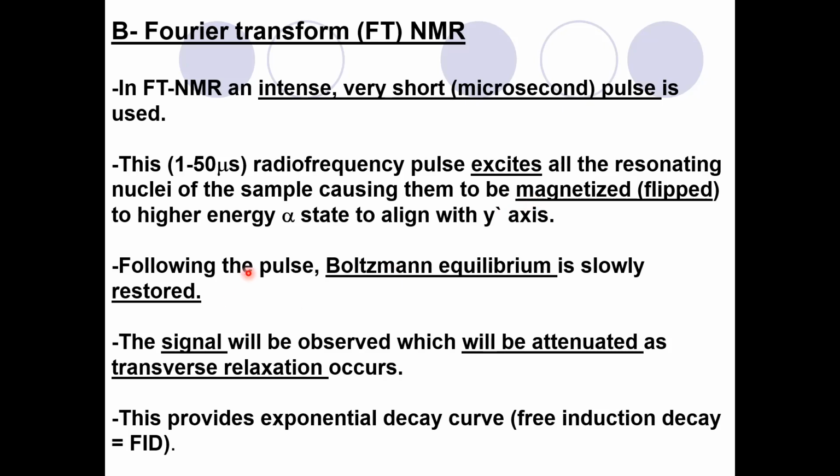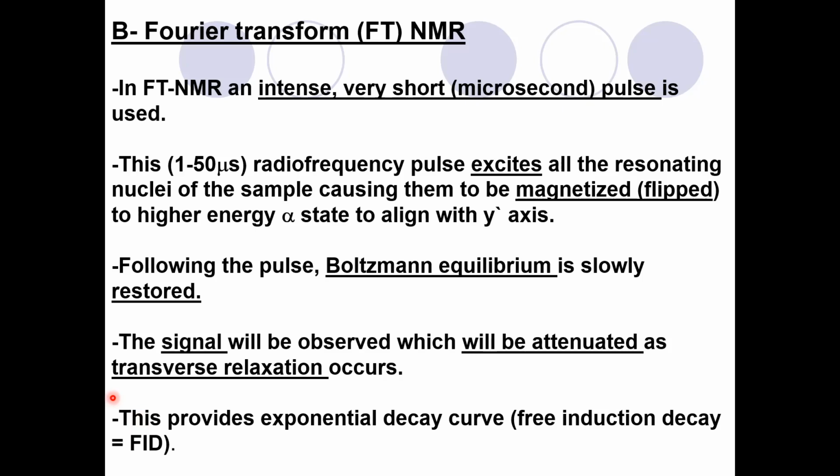While relaxation occurs, Boltzmann equilibrium will be restored. Signals will be obtained which will be attenuated as relaxation occurs, giving rise to what is called the FID, or the free induction decay.